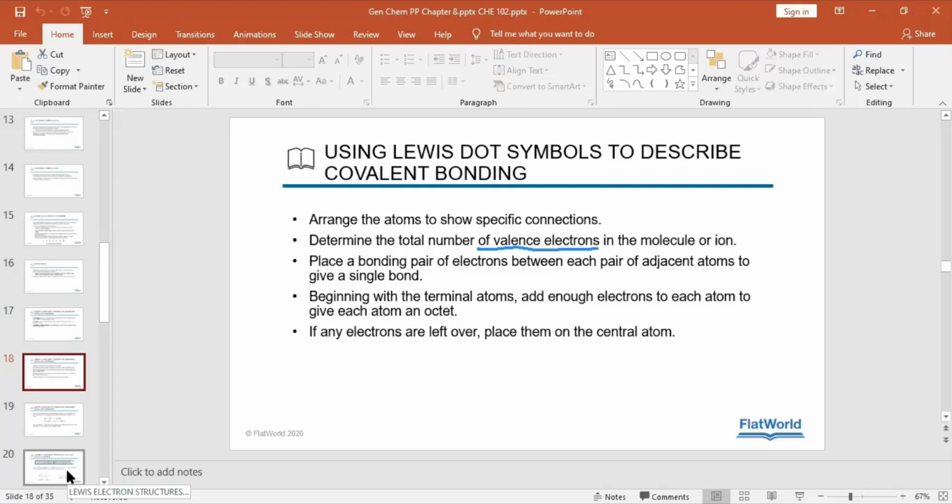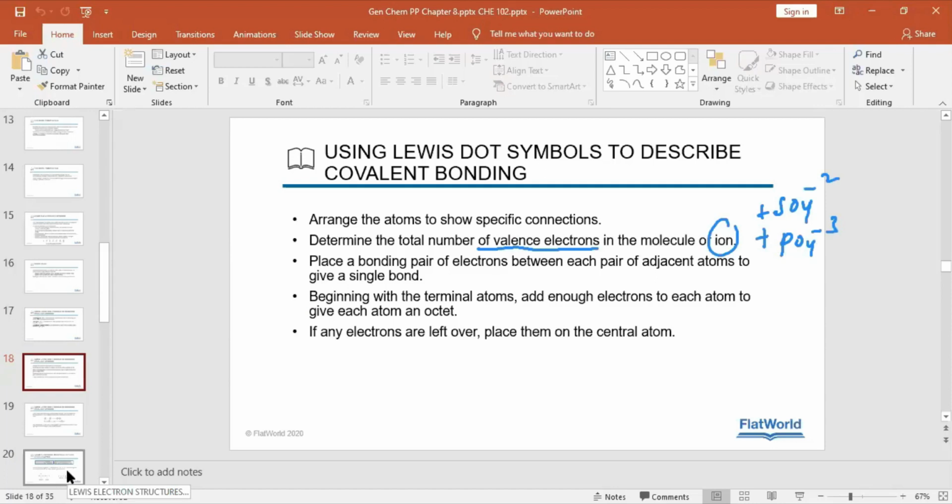You're not going to do the Lewis structure just for molecules. You do it for ions as well, ions like sulfate ion or phosphate ion. We have to do the Lewis structure for them as well.